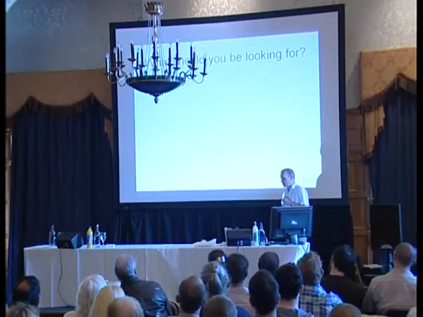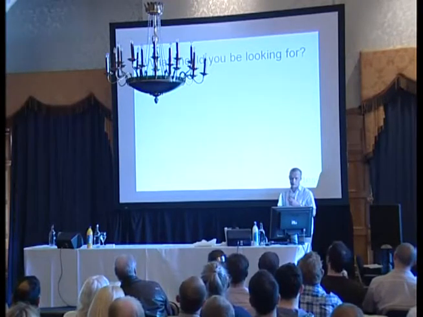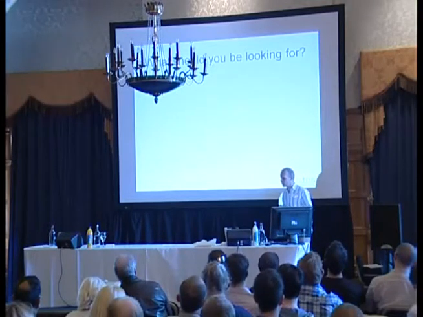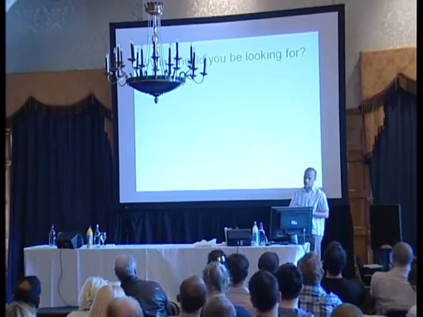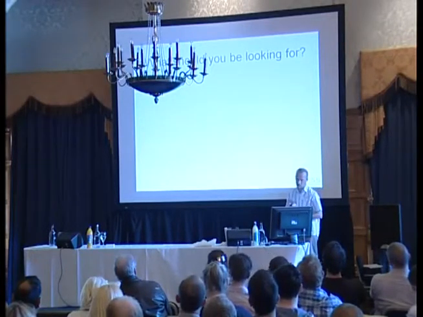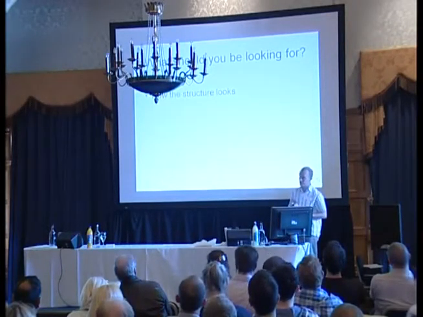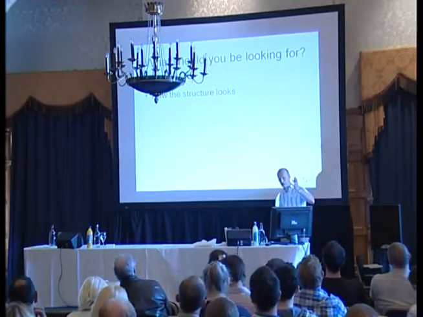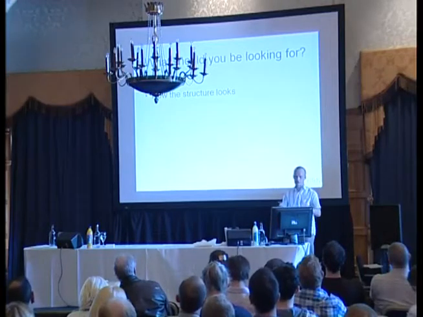So, what should you be looking for when you're looking at structures? And I've put a list up here that is not exhaustive at all, but is a start of the kinds of things that I go around and look for. So number one is balance. This isn't in any particular order actually. How the structure looks. And I know Rudi mentioned earlier, you can have a beautiful looking tent.